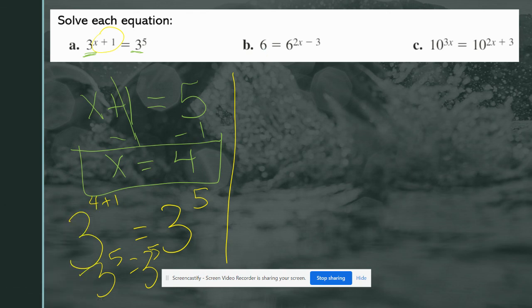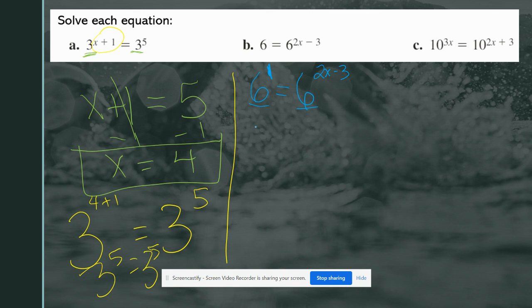If I look at example B, remember, even though this first 6 does not technically have an exponent right now, it really does, because all exponents, if there's not one written, would be 1. And we have 6 to the 2x minus 3 power. These are both base 6.